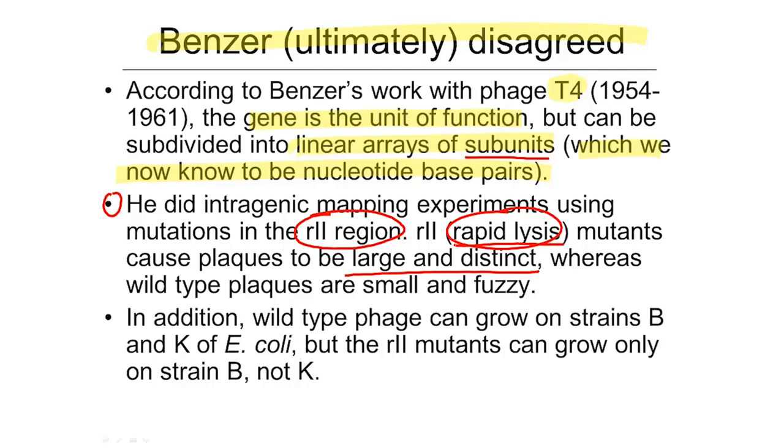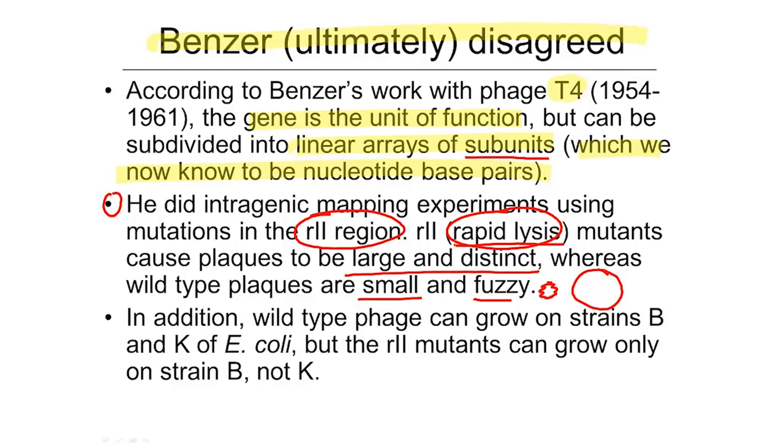Just realize that this experiment, while similar to the other one, distinct doesn't necessarily mean the same thing it did before. Large and distinct means that there are very clear edges to them, whereas the wild type plaques are small and sort of fuzzy, sort of like ragged. The bottom line is that you can tell them apart.